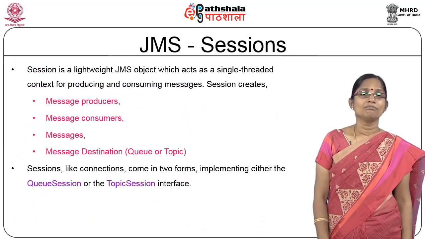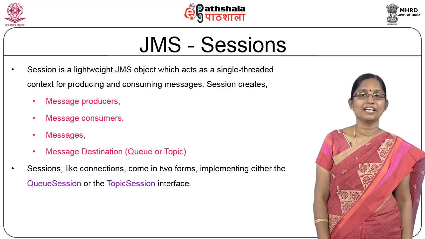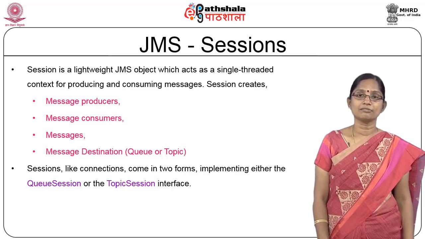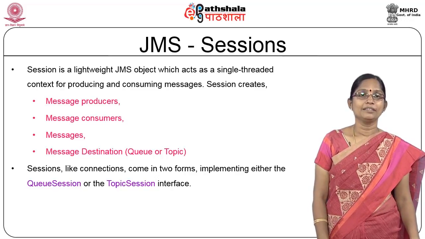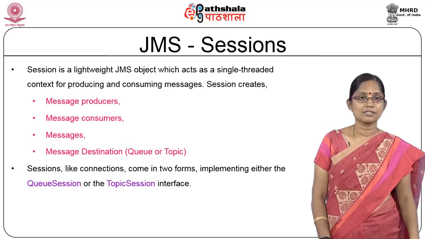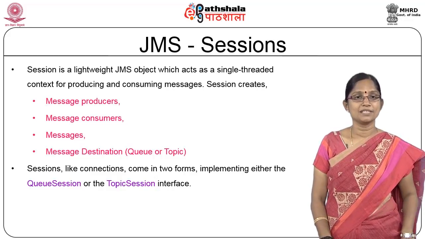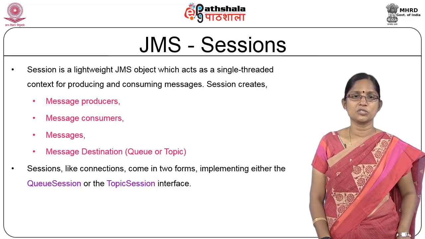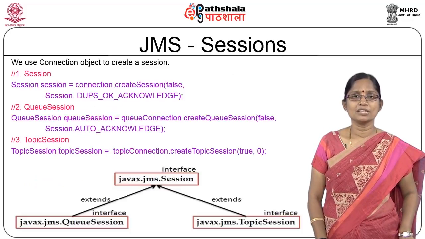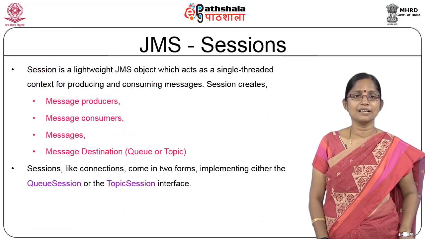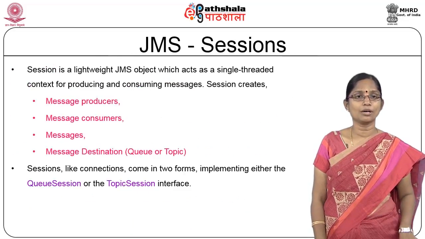Now, we have seen ConnectionFactory, connection, session and destination. I told you already that session creates message producers, message consumers, messages and message destination. Message destination we have seen in the earlier slides, that the destination can be either queue or topic.